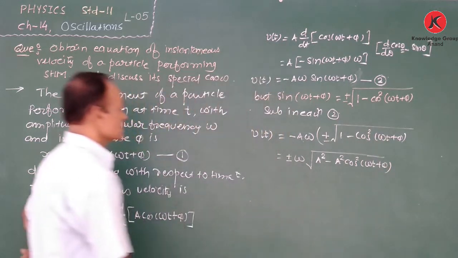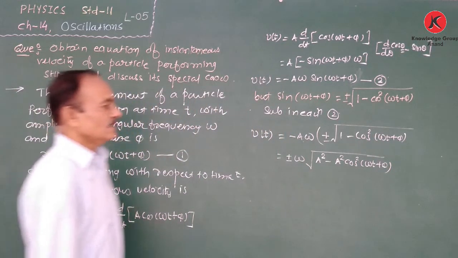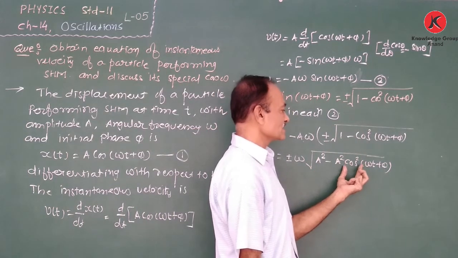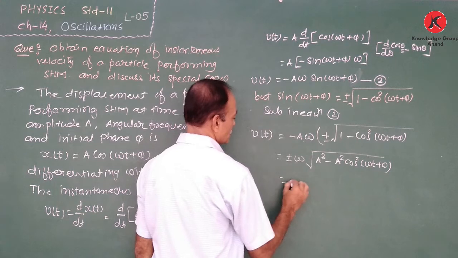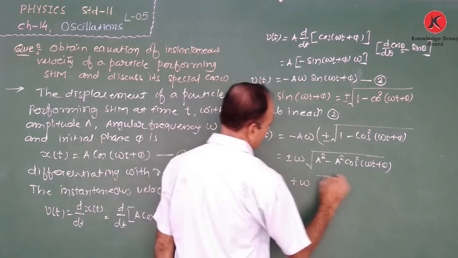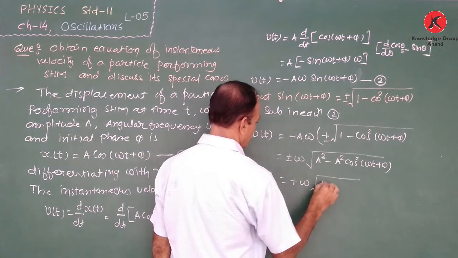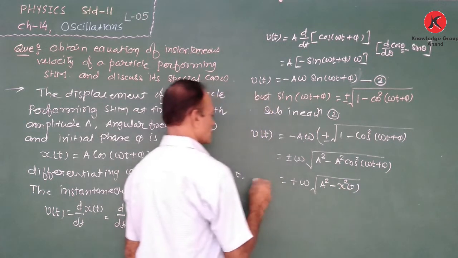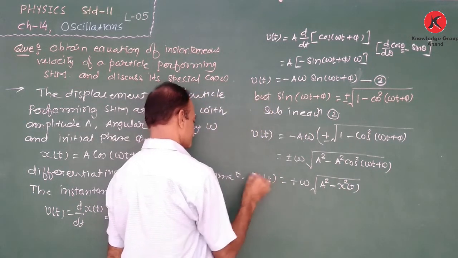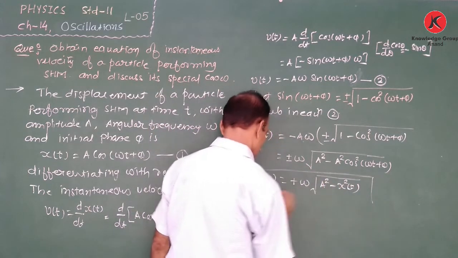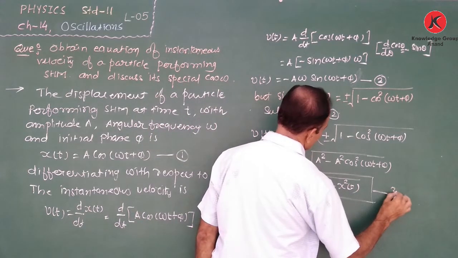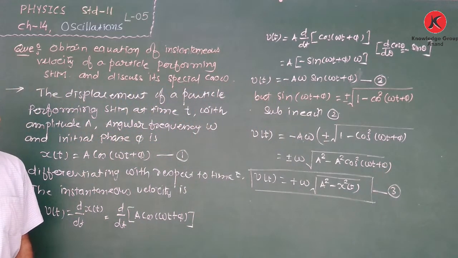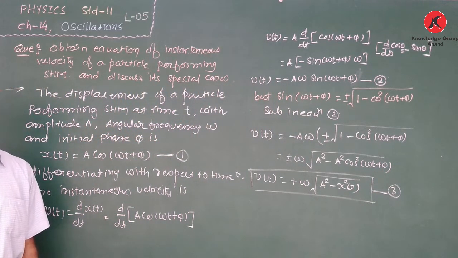Now, our equation 1 is x is equal to A cos(omega t plus phi). Therefore, that is the square of x. So it is equal to plus or minus omega under root of A square minus x square. That is the v. So that is the equation of the instantaneous velocity of a particle performing simple harmonic motion.